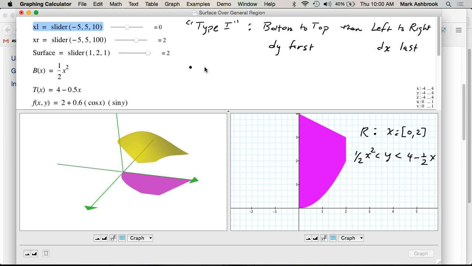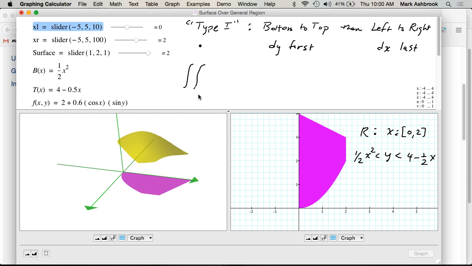So our double integral will be. When we say first and last, which integral is first? The dy is first, but in the double integral, which is first? With these double integrals, you work inside out. So the inside integral is the dy, the first one.